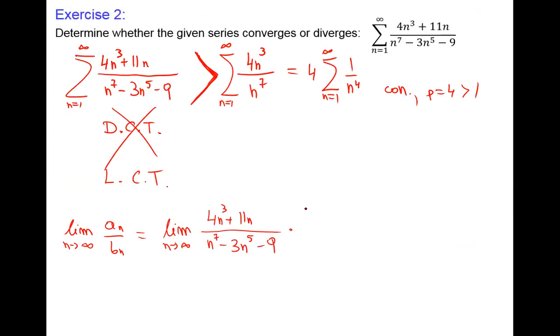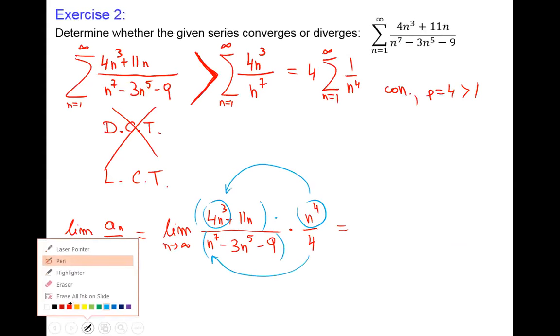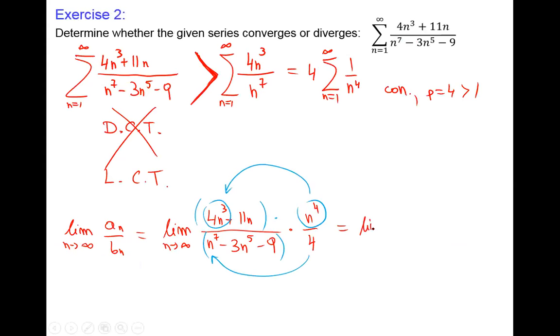Dividing by b sub n, I will multiply by the reciprocal, and I will put 4. Because I will not rewrite, we have to focus on the leading terms. Okay, I will distribute this, and I will distribute just this. I mean everything, but this will give me the leading terms.